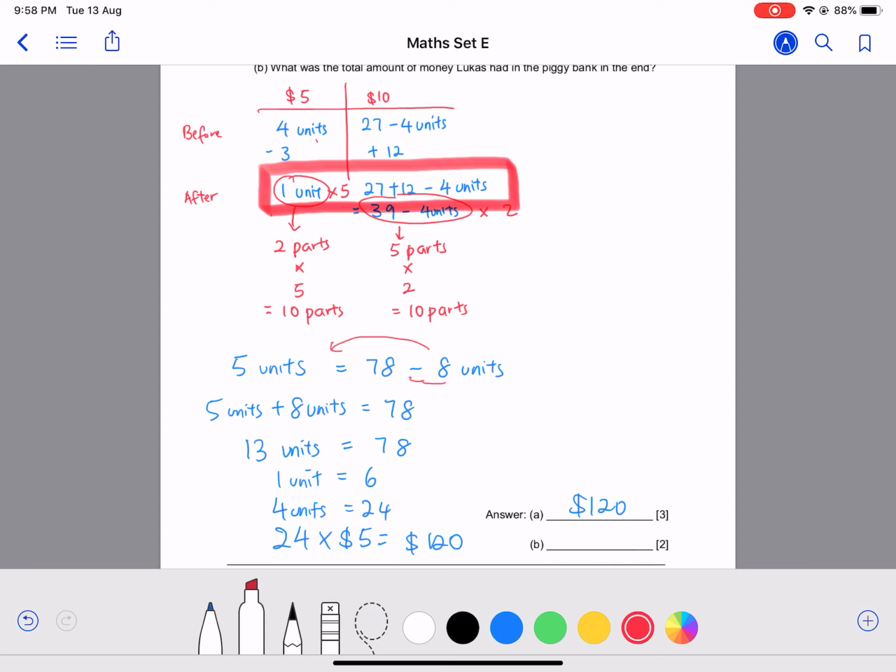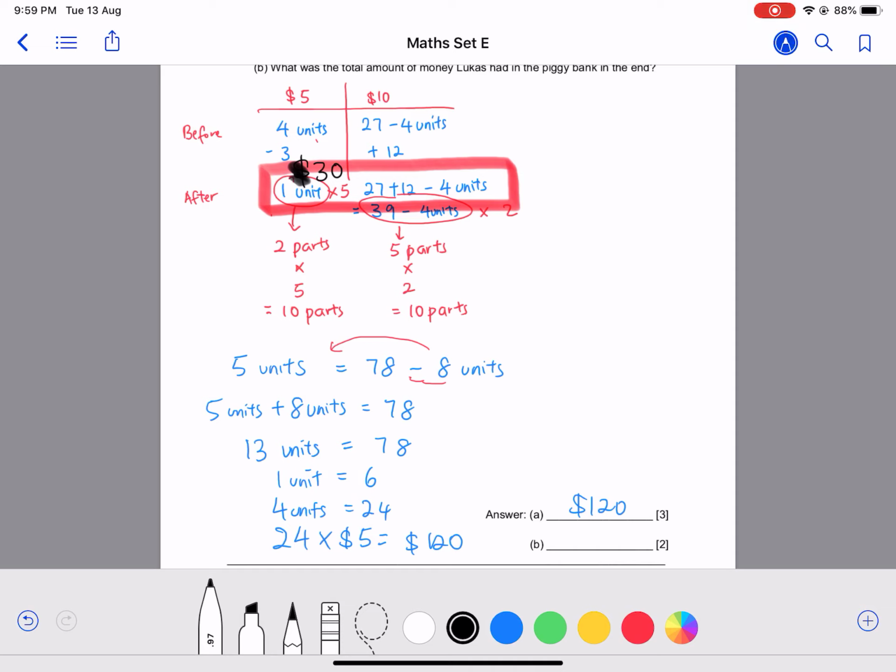So I should say this is actually quite easy now. If you could work it out on your own, since I know $5 left is 1 unit, so 1 unit is 6 pieces, 6 times 5 is $30.